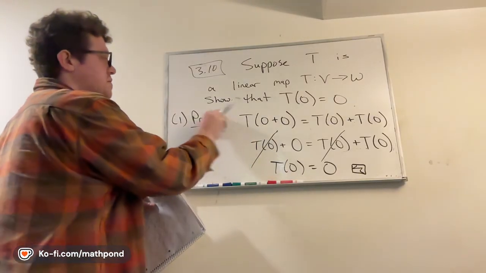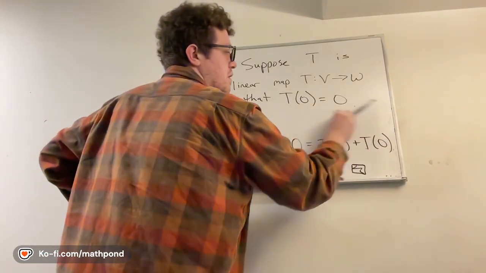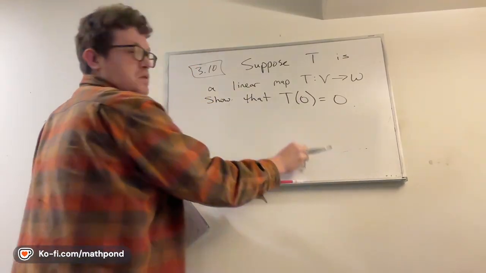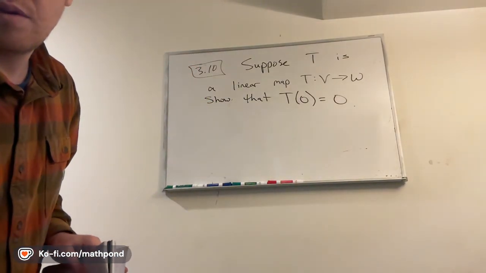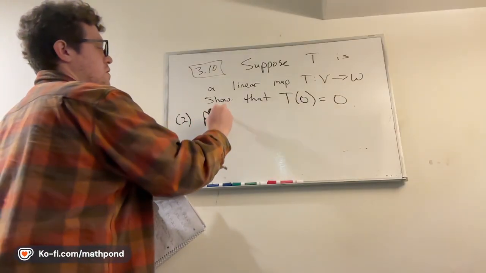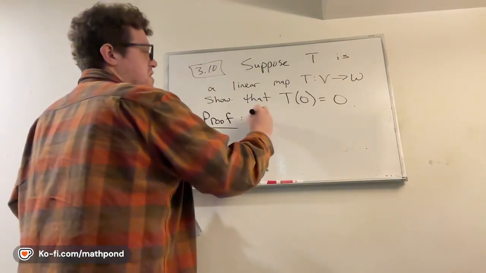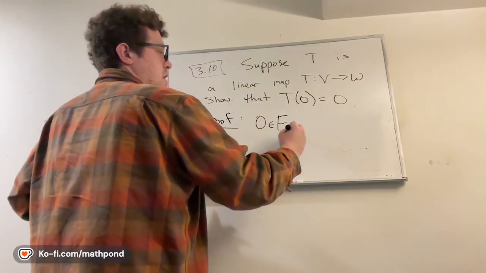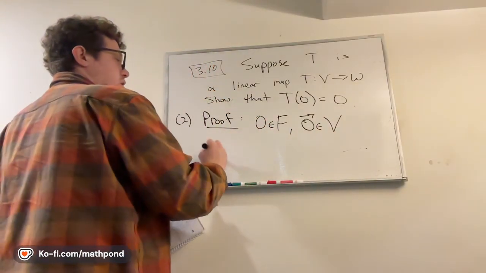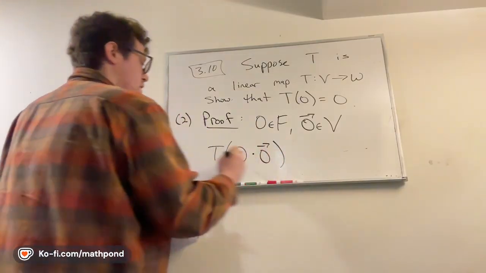So then the second way to prove it, proof number 2. So we take 0 in F, and we take the 0 vector in V, and we say that T of 0 times the 0 vector is T of 0.